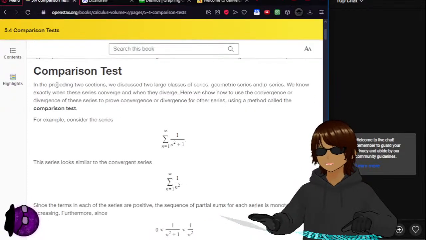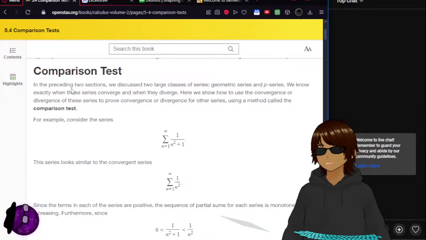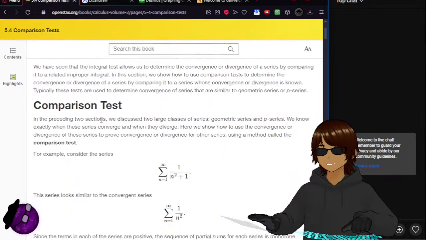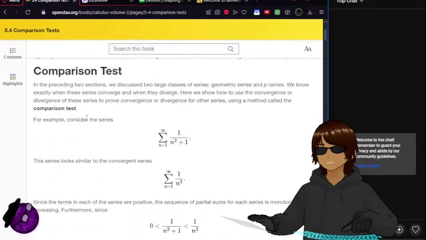Comparison test. In the preceding two sections, we discussed two large classes of series, geometric series and p-series. We know exactly when these series converge and when they diverge. Here we show how to use the convergence or divergence of these series to prove convergence or divergence of other series using a method called the comparison test.